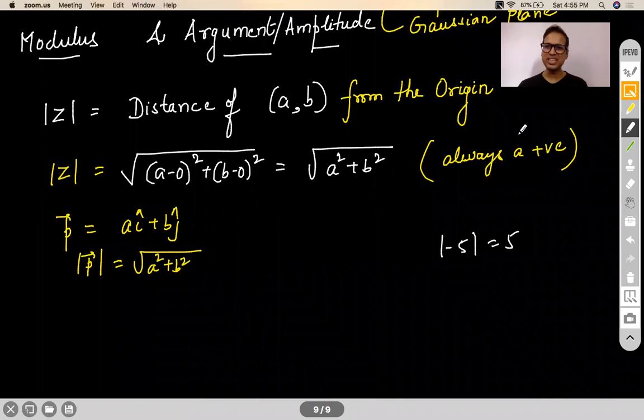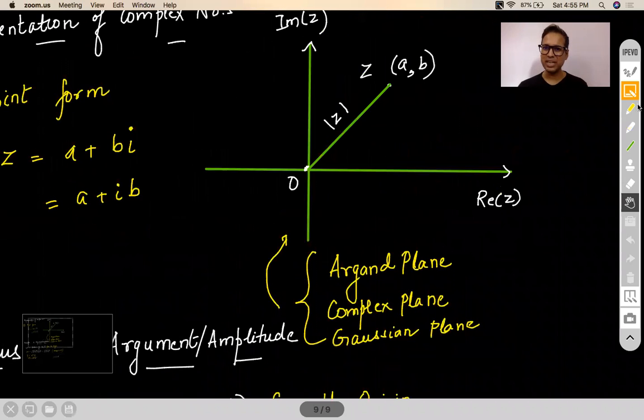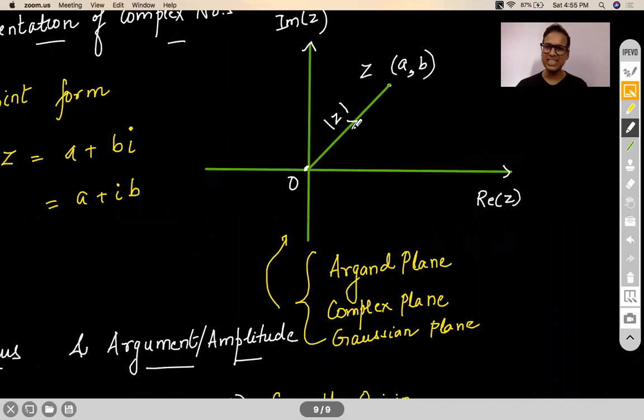So if you want to reach a point, we go A times 1 unit along the real axis and B times i along the imaginary axis. Let me not write i cap, it is just i. I cap will become a vector thing.